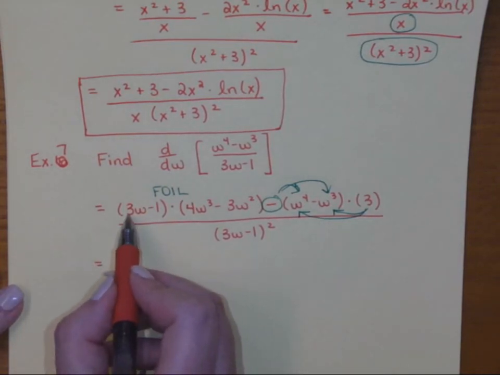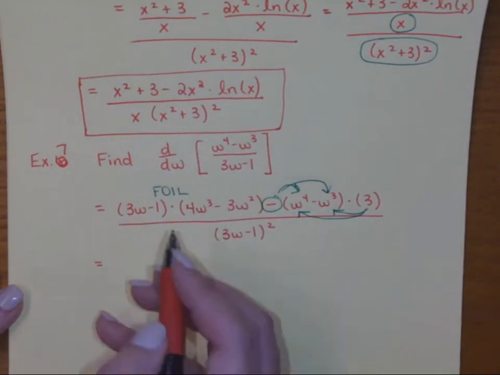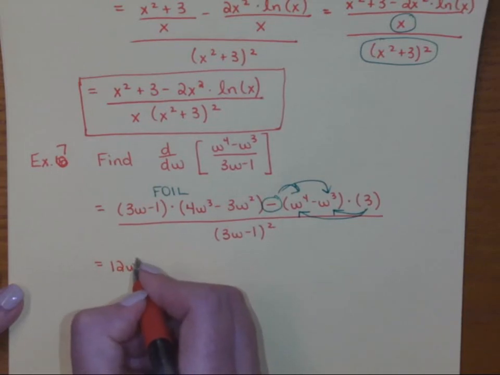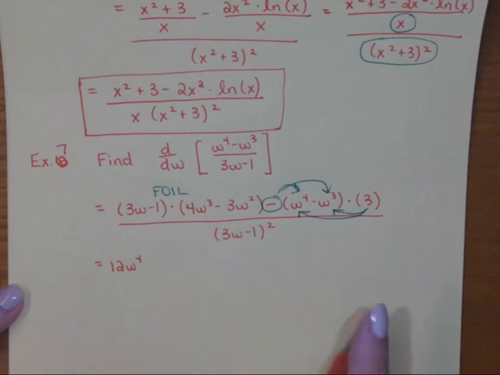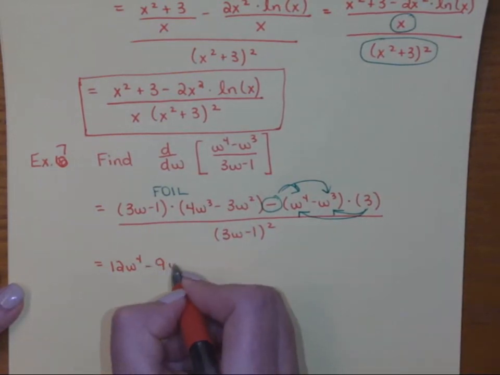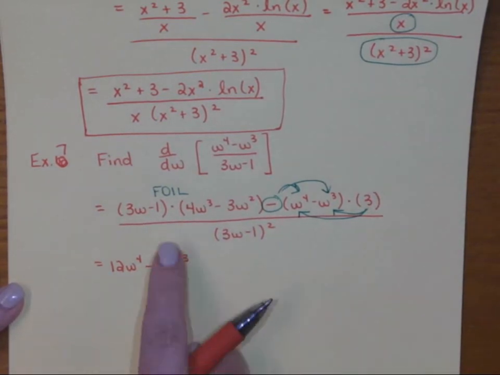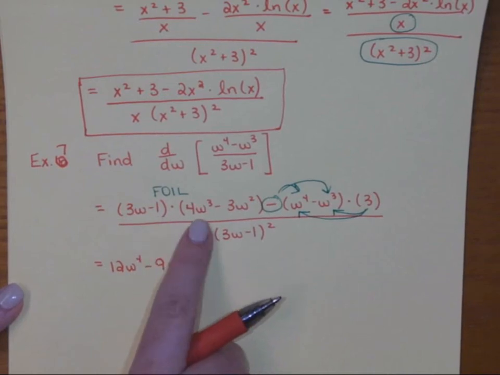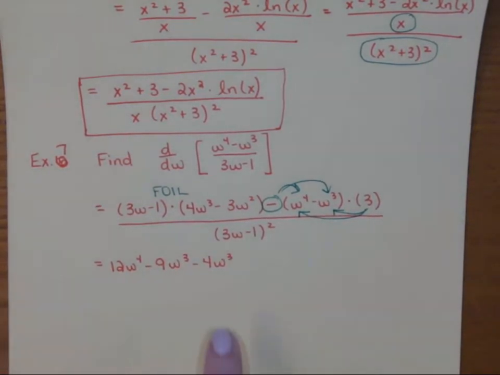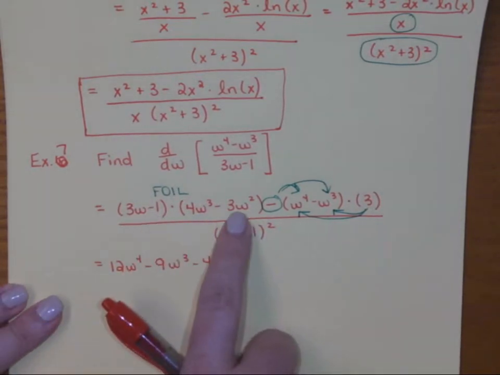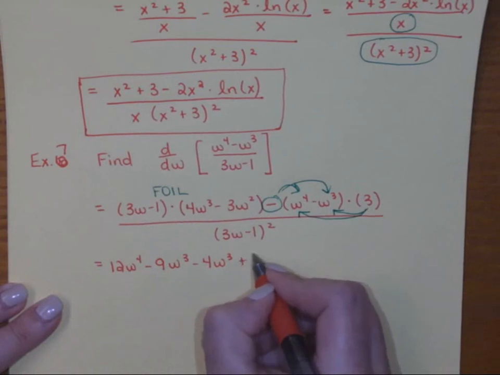So let's do FOIL slowly. 3w times 4w cubed would be 12w to the 4th. Outside, 3w times minus 3w squared would be minus 9w cubed. Inside, negative 1 times 4w cubed would be minus 4w cubed. And then last, negative 1 times this negative term would change it to a plus.